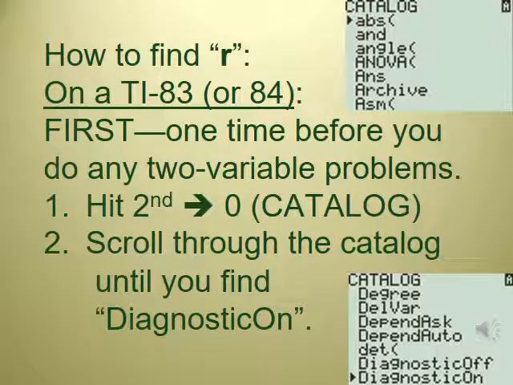So you hit second 0 and you get into what's called the catalog. And what you're going to do is scroll through all of this big long list of all the different things your calculator can do until you get to a choice that says Diagnostic On. You scroll all the way down to the D's, find Diagnostic On, and then hit Enter when you get there.